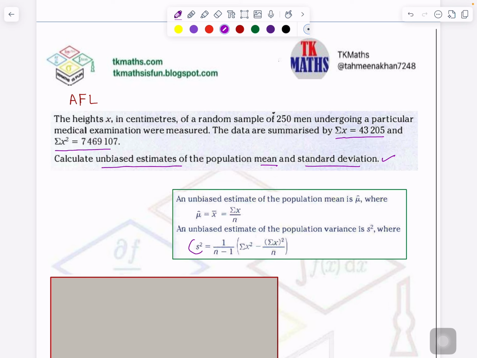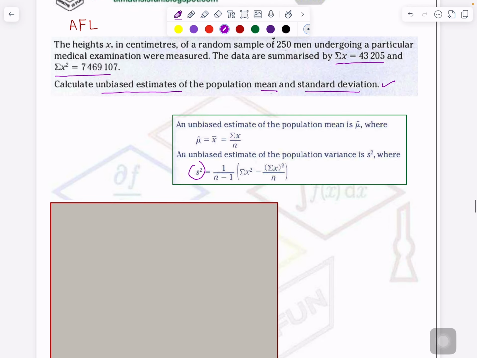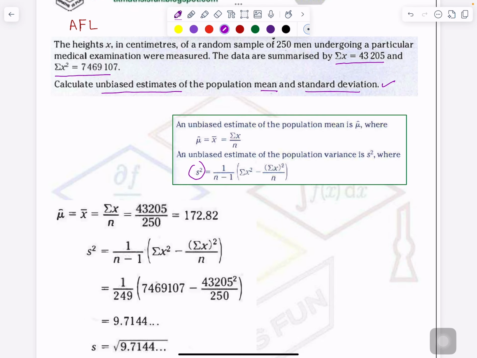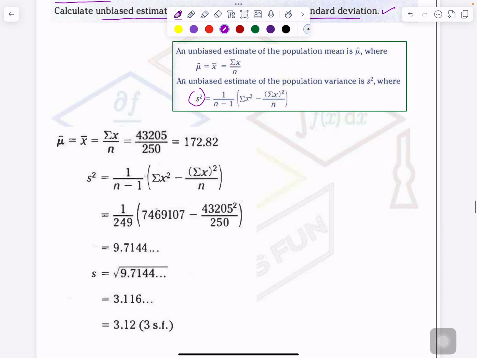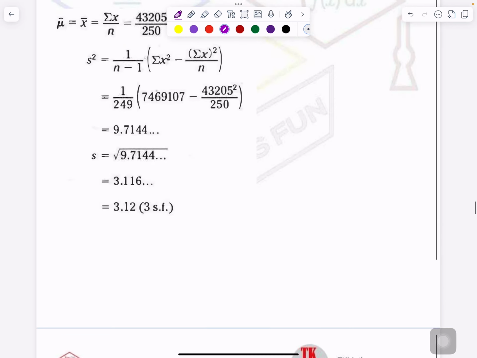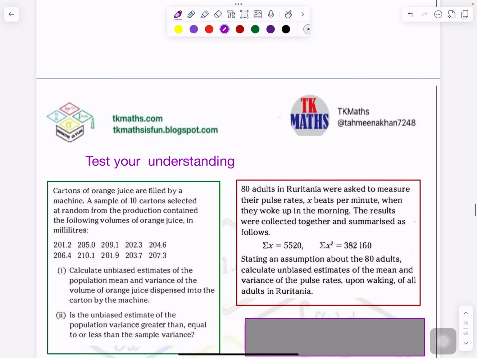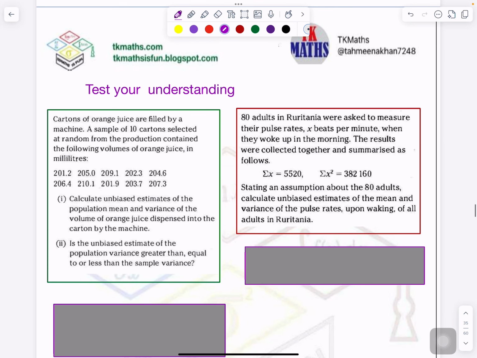So when you get this answer, take the square root of it. You can put the video on pause. I'm showing you the working here. And the answer is coming 3.12.